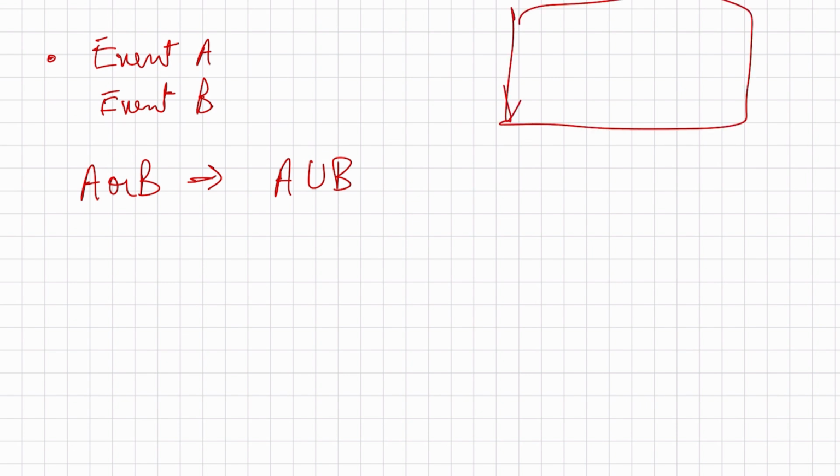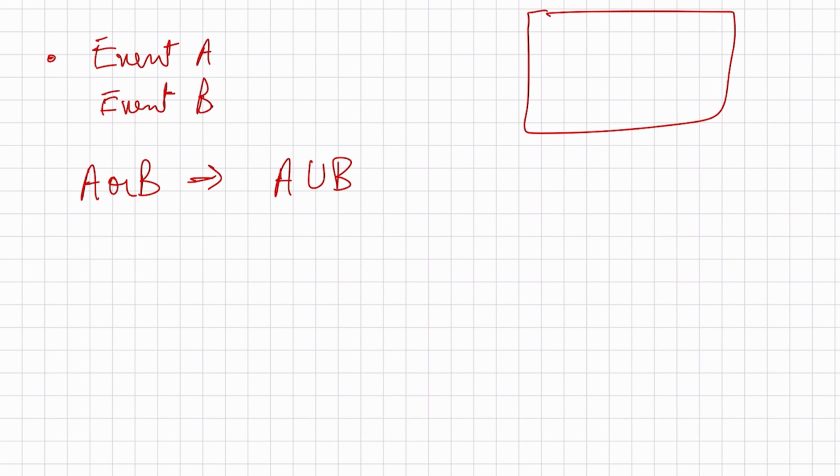More precisely, let's say event A was this, event B was this, then you can compute the union quite easily, and the union is basically all the common areas, including the common areas and also the non-common areas between the two sets. Okay, so the highlighted section is basically what you call A union B.